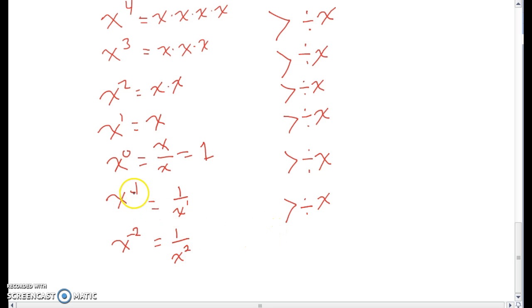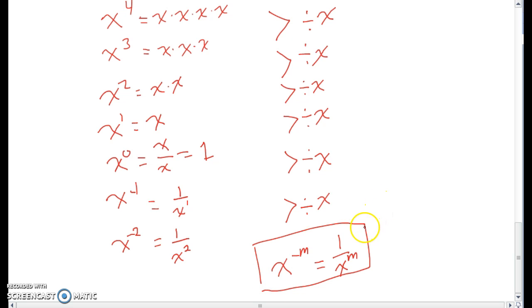So whenever you see a negative number, you can rewrite it as 1 over x to whatever that number was in the exponent. In other words, if you have x to the negative m, you can rewrite that as 1 over x to the m. That's what we call the negative exponent rule.